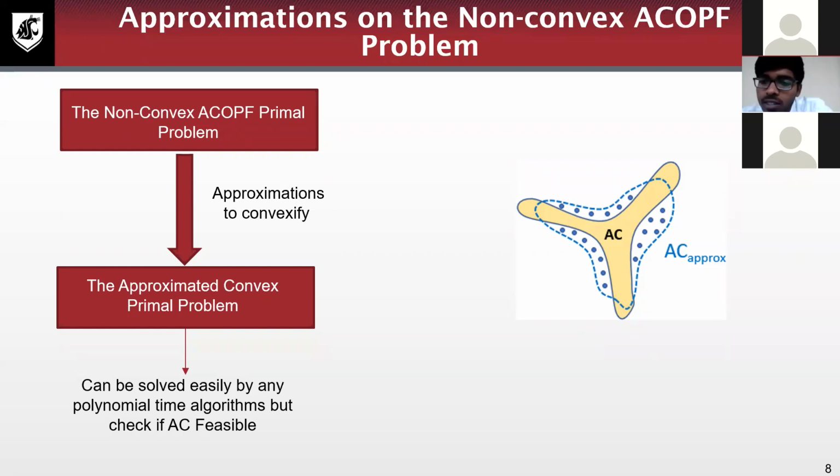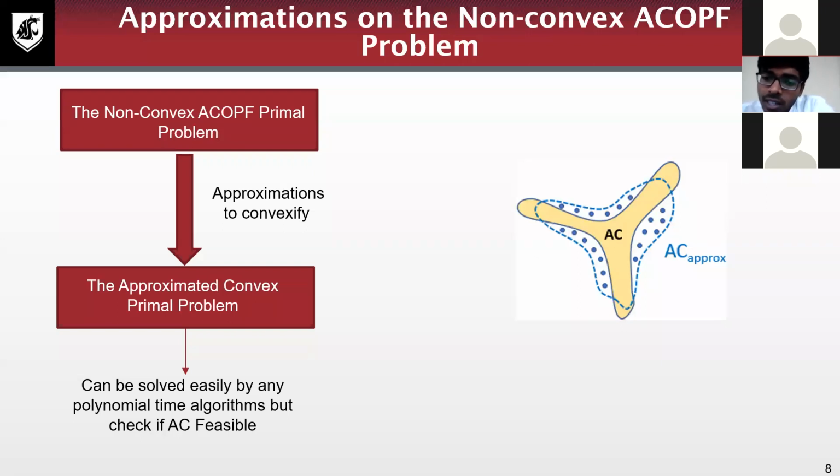So as you can see, this is a convex AC space on the right hand side, given by this yellow space. Once you approximate certain variables or certain points, the AC space shrinks at certain points, and this is a very basic, typical example of an approximated ACOPF space.